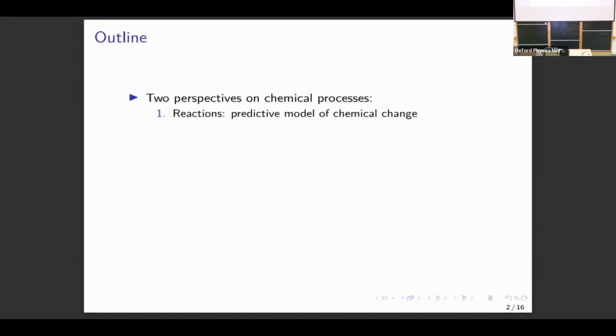You put some things together, and the reaction is telling you what change those compounds are going to undergo. And that's somehow forward directed and predictive. It's used for storing chemical data, pedagogical purposes, and just reasoning about forward chemical change.